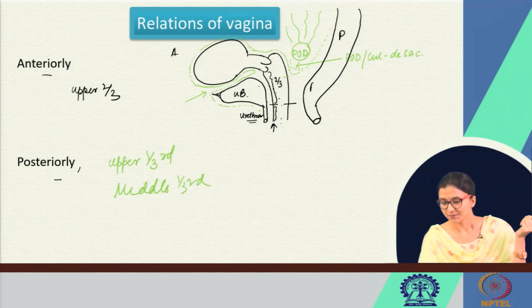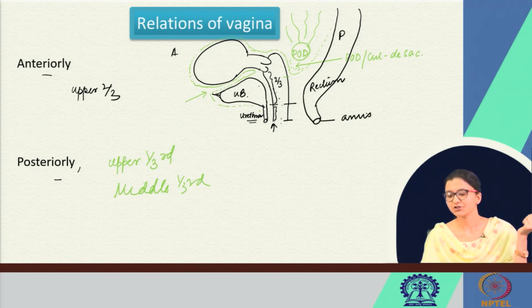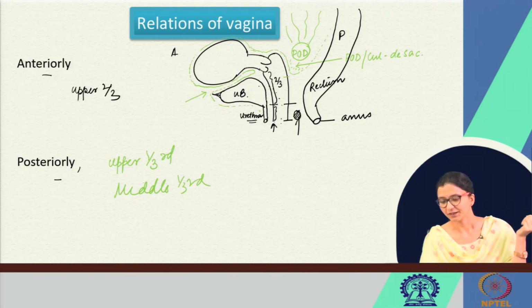Middle 1/3 comes in relation to rectum, and lower 1/3, this is the anus. It comes in relation to the anus, but it is separated from the anal opening by the perineal body.